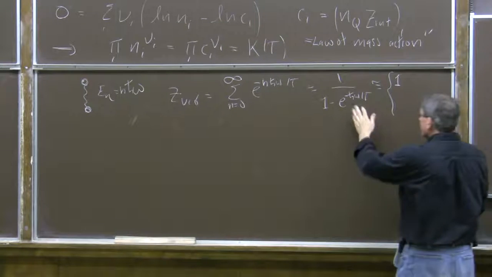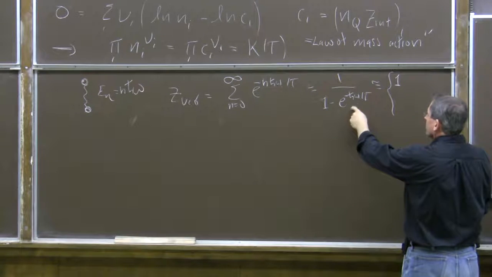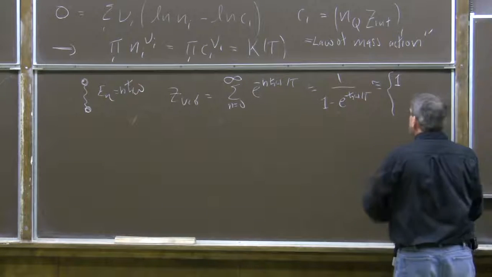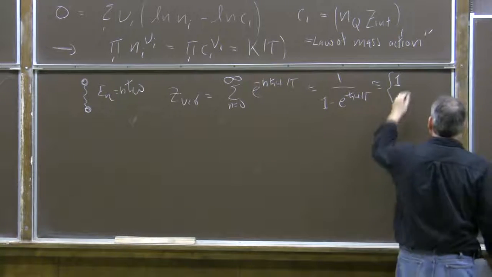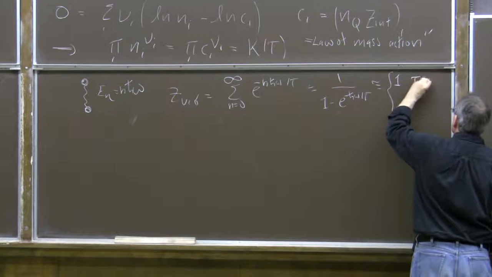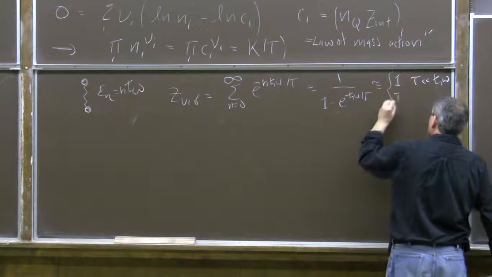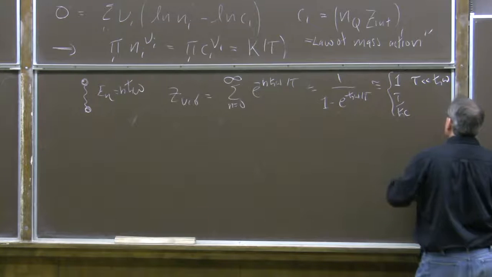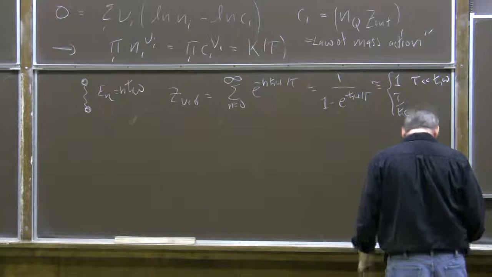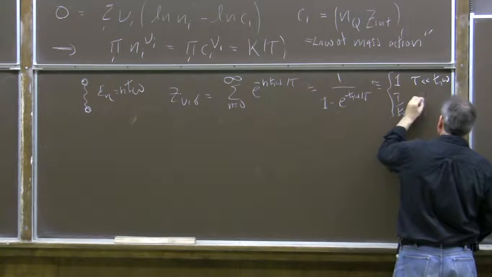And when the temperature is high, I can expand the exponential, and it becomes, in the denominator, h bar omega over tau. So this is the small temperature limit, where small means temperature small compared to the vibrational energy level spacing, h bar omega. And I'd have tau over h bar omega in the high temperature limit, tau large compared to h bar omega.